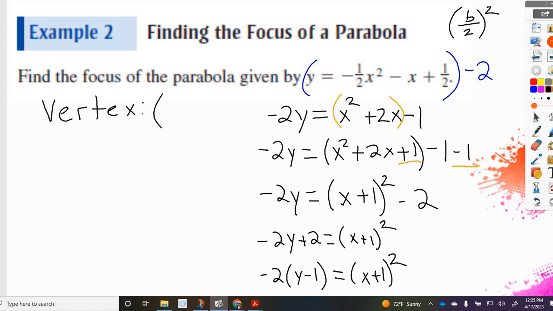Negative 1, comma, 1. Remember, it's the opposite side of your parentheses. Okay, and then how do we find our p-value?